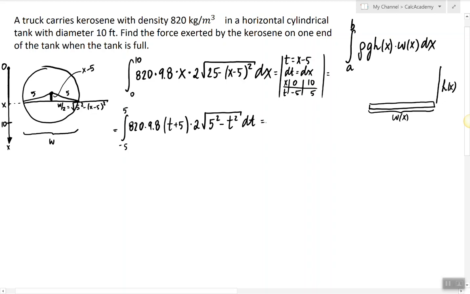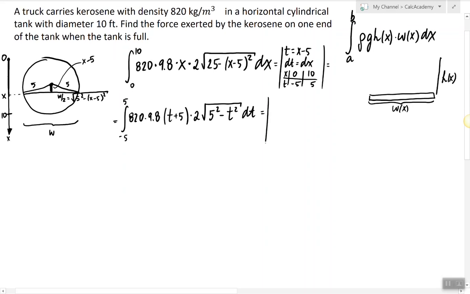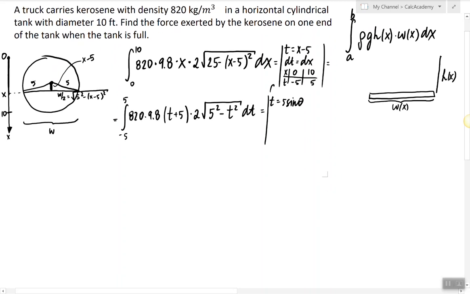The next substitution will be t equals 5 sine theta, meaning dt is 5 cosine theta d theta.